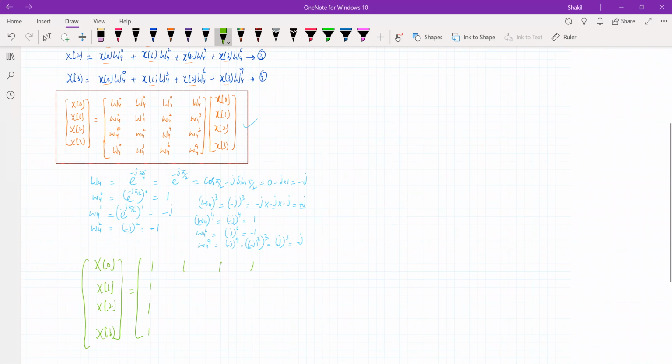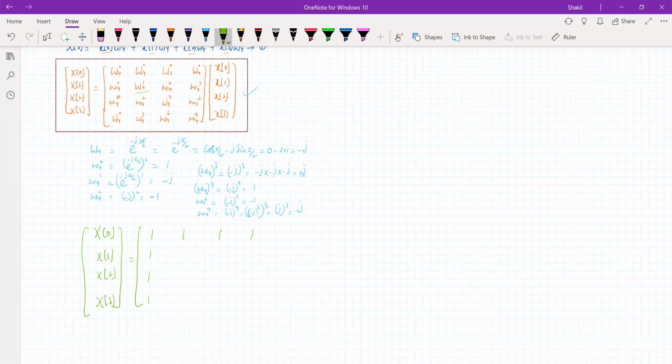Then it is W4 raised to the power 1, which is minus j. Then W4 raised to the power 2 is minus 1, then W4 raised to the power 3 is plus j.